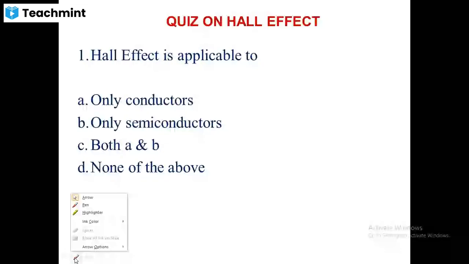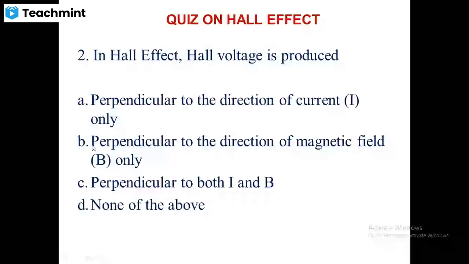Now we'll go for a small quiz on Hall effect, right? Hall effect is applicable to... What is the correct answer? It is applicable to conductors as well as semiconductors. No, it's not only for semiconductors. It is for both conductors as well as semiconductors. The correct answer is C, both A and B. Then, second question.